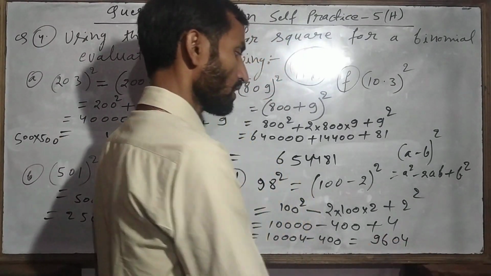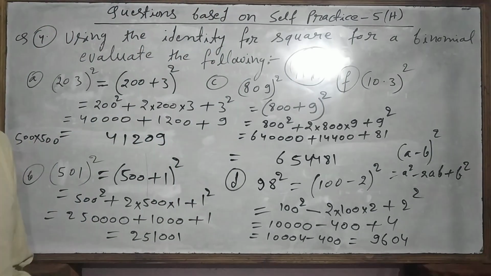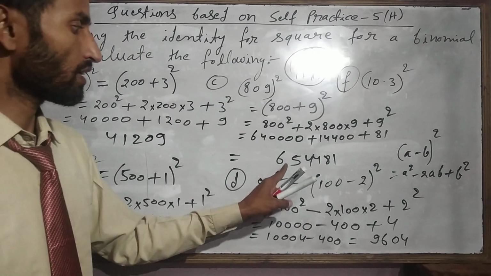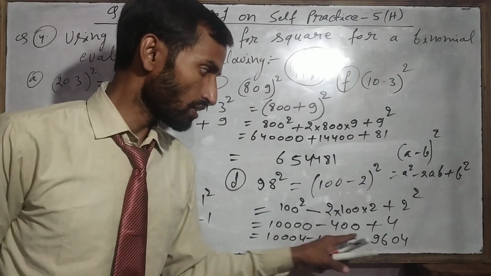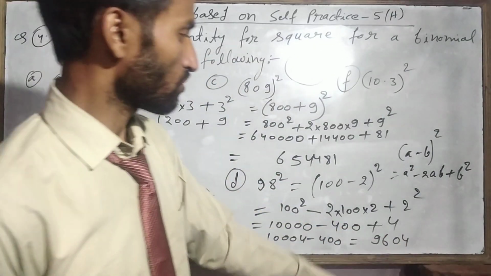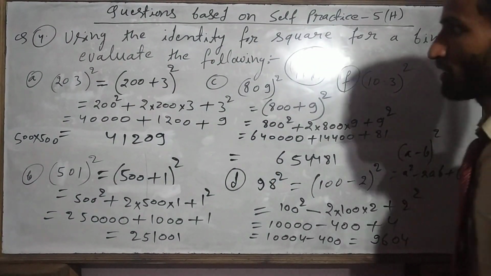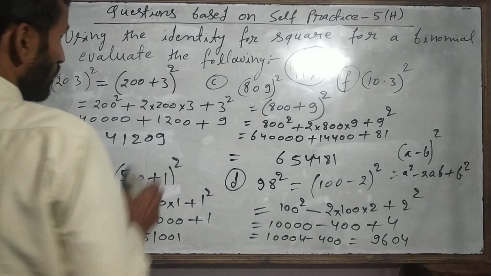So final answer is 9604. This is the final answer. 98 square is equal to 9604.